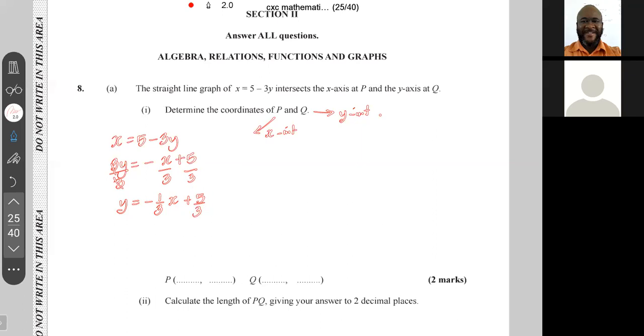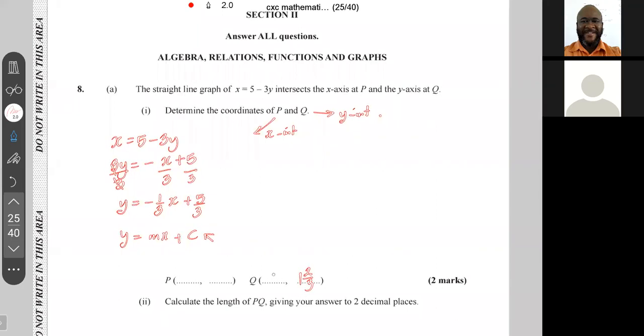Remember, when an equation is in the form y is equal to mx plus c, c, the number at the end, is the y-intercept. The x-coordinate of the y-intercept is 0.